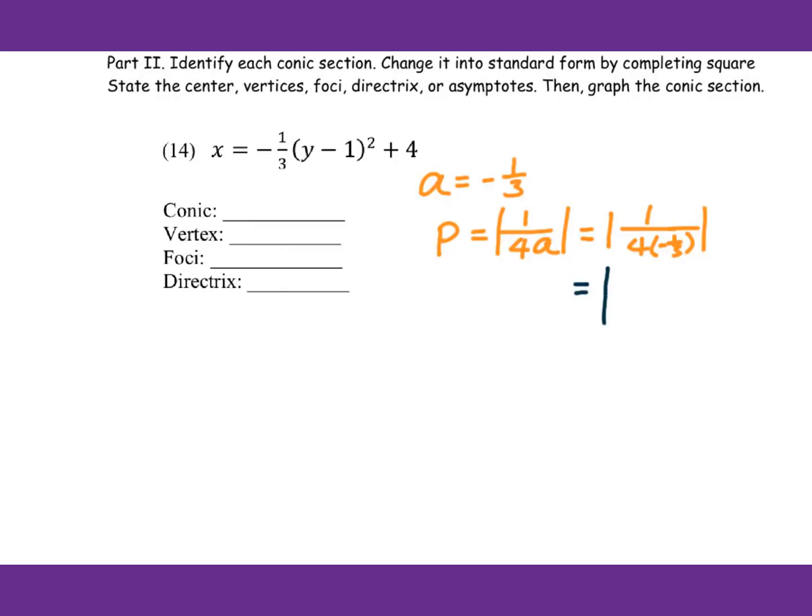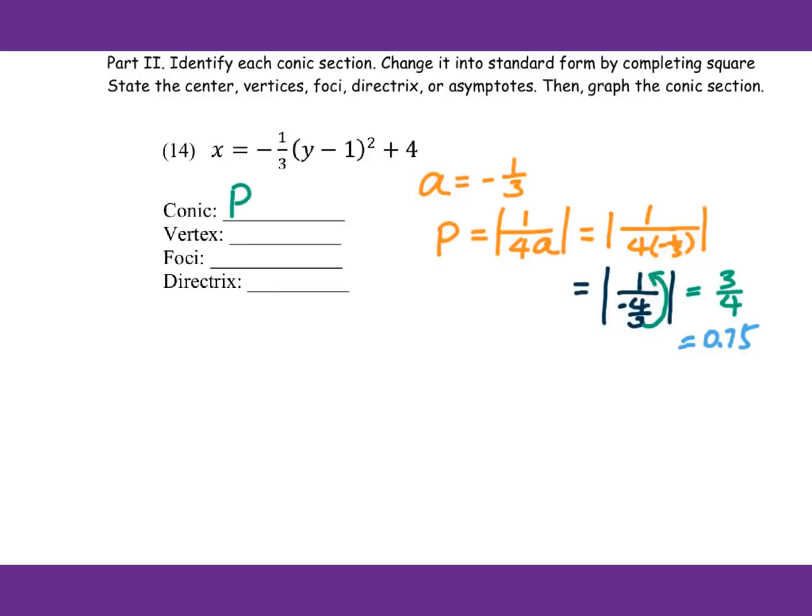You will get absolute value 1 over 4/3. Then we flip this 3 to the top. For absolute value, always get the positive. You get the 3/4. That's basically 0.75.